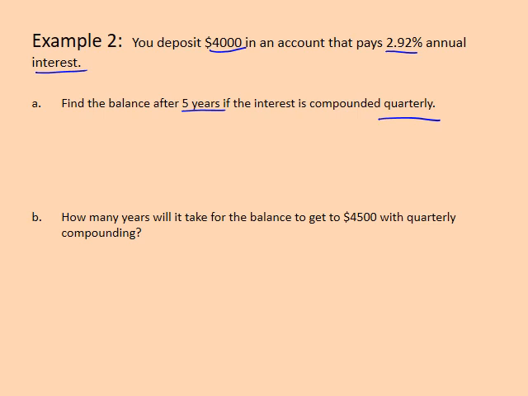So because it's compound interest, we need to use the equation A equals P, which is the principal, times (1 plus r divided by n) to the nt. Our 4,000 is our P. This is our rate, but we need to write the rate as a decimal. So 0.0292, which is 292 ten-thousandths.